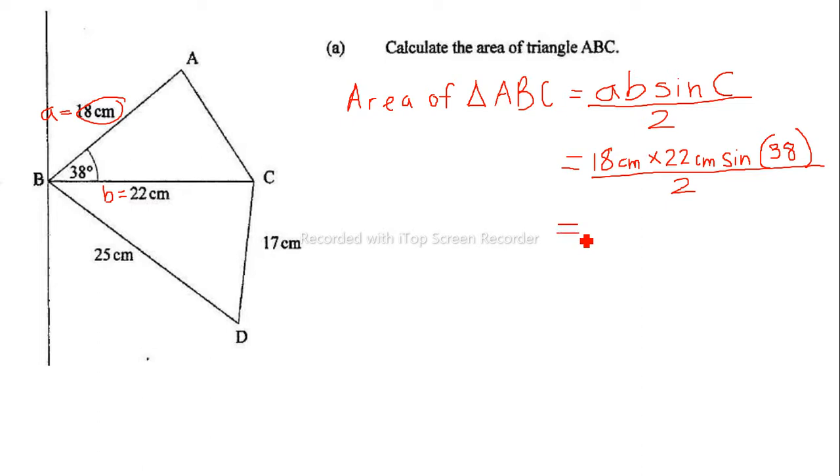So what we have therefore is, what is 18 times 22? 396.